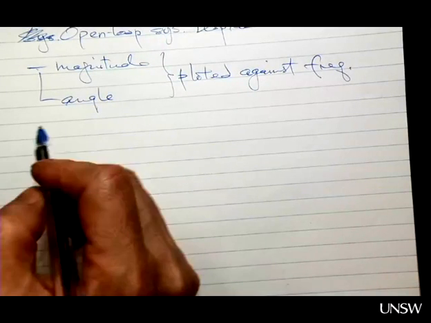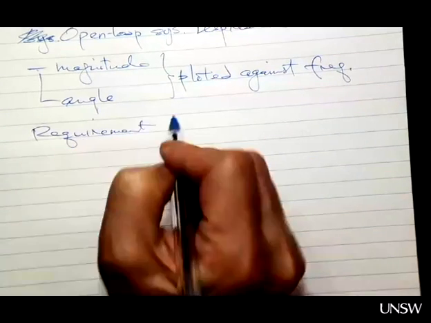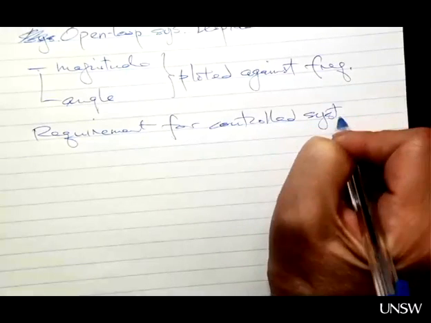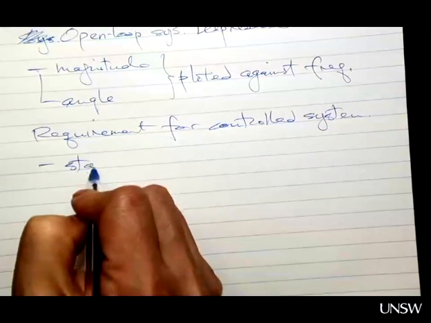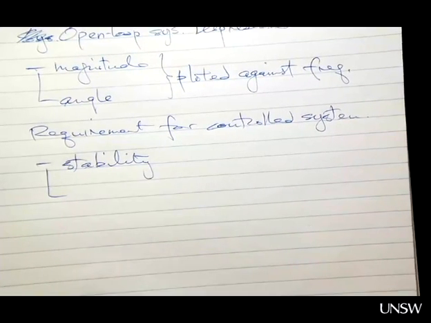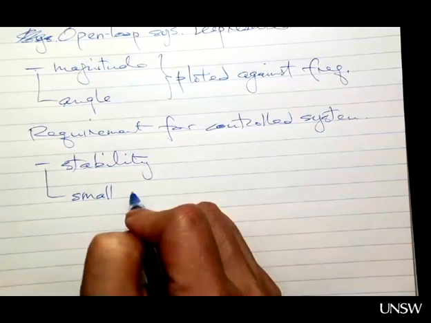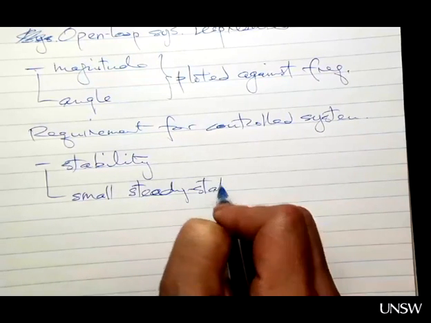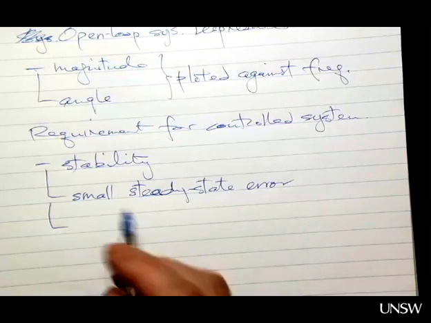So the requirement for the control system: we need stability, and then we also need the small steady state error, and then we also want fast response.